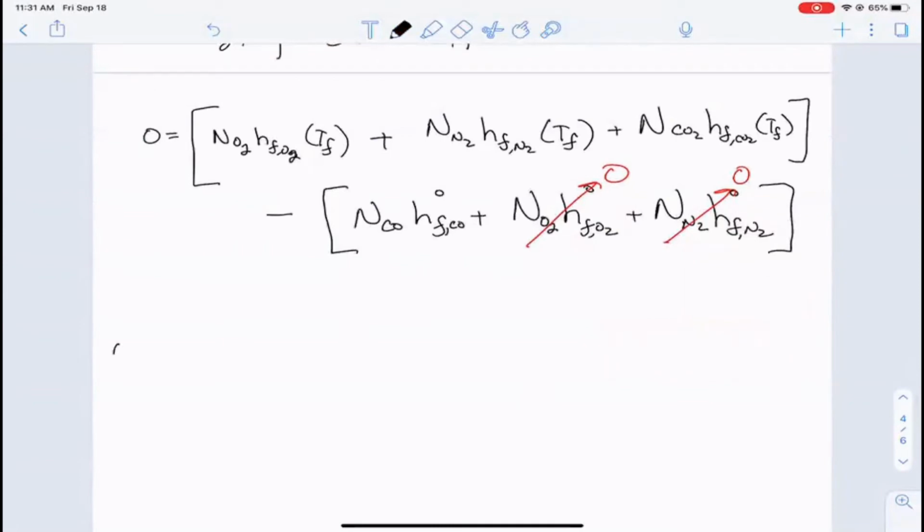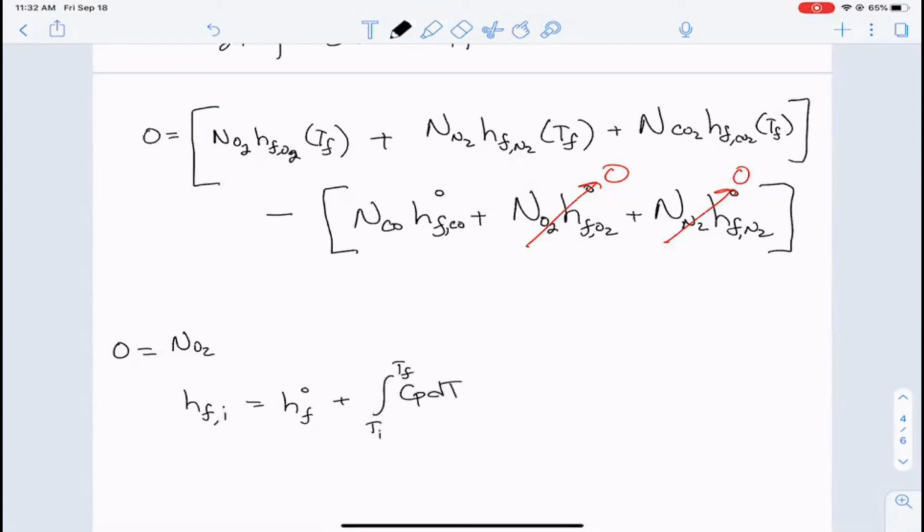All right, so then 0 equals the number of moles of oxygen times the heat of formation of oxygen. Now, remember, the heat of formation is equal to the standard heat of formation plus the integral of Cp dT from T initial to T final, right?